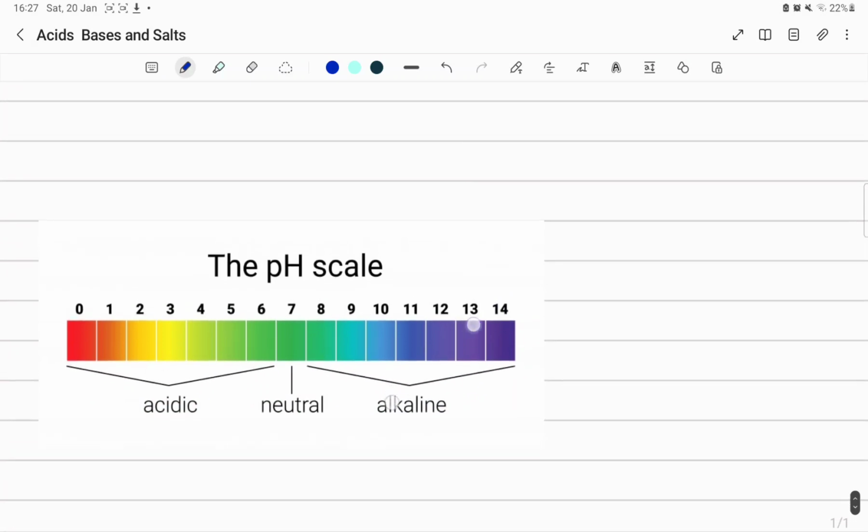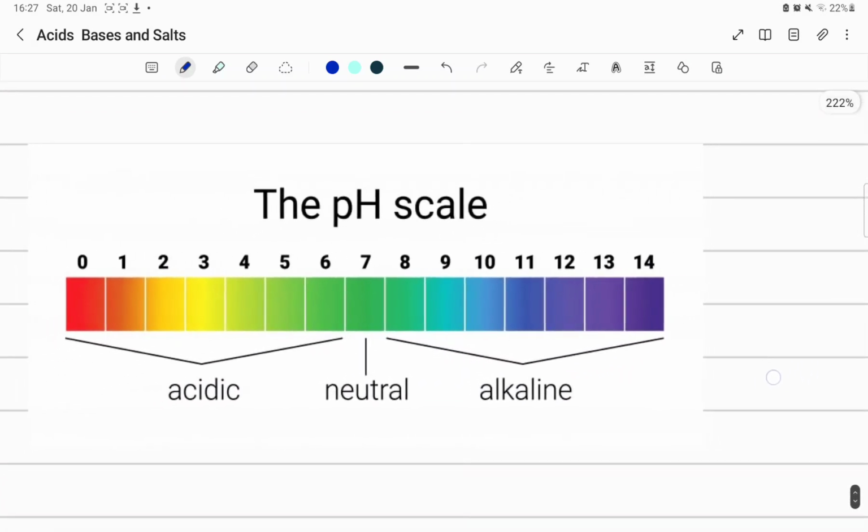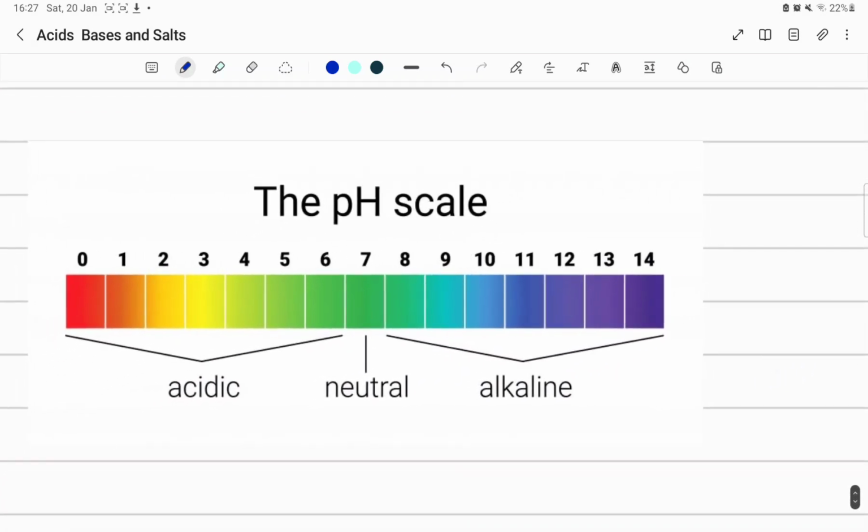So if we look at the pH scale over here, each substance has a pH value. pH technically stands for potential of hydrogen. Obviously, the more hydrogen that you have, the more acidic it is, right? So pH is basically a measure of how strong your acid is or how strong your alkaline is.